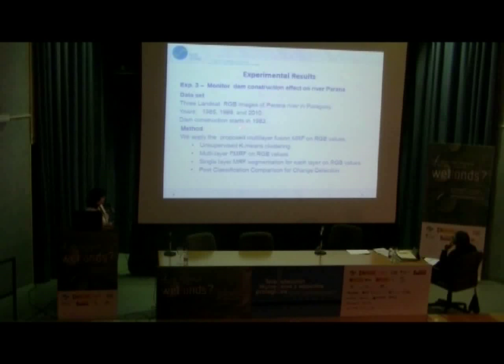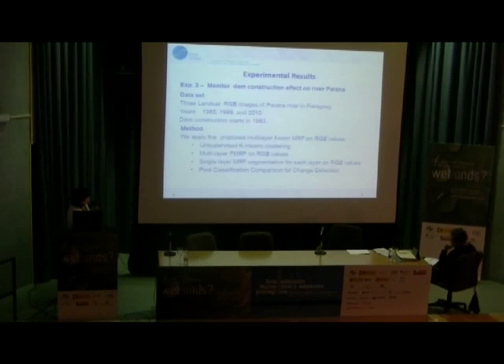In the third experiment, we applied the proposed model to Landsat RGB images. We have only the RGB images of the Parana River in Paraguay, which is the second largest river in South America. We have images available online on the internet from the years 1985, 99, and 2010.